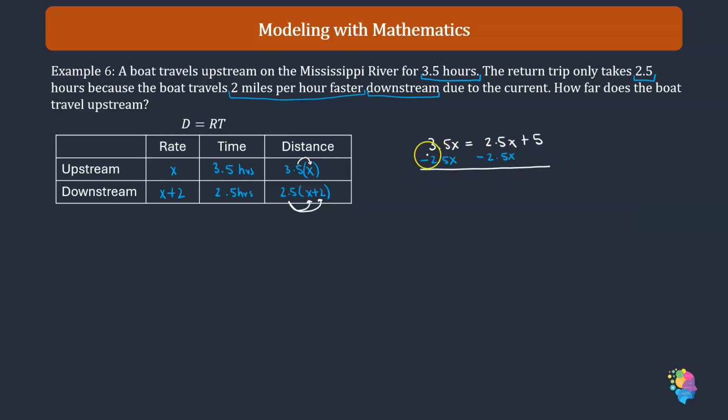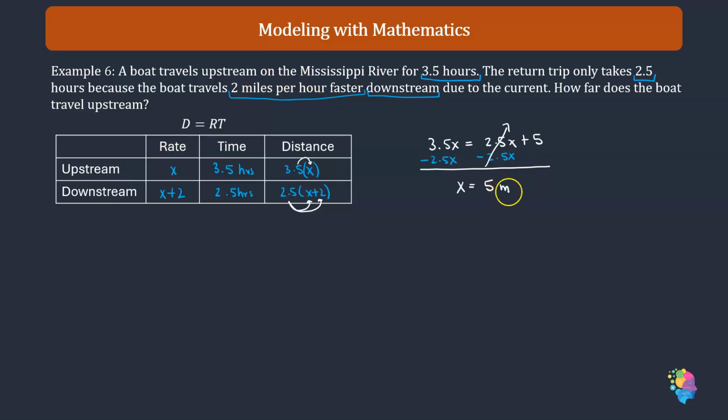I'm going to move the minus 2.5 to the left side. So 3.5x minus 2.5x, that's 1x, or just x. Oh, that worked out nicely. That's x is equal to 5. Now we need to be very careful here. We found x. Let's go back to the table. X represents the rate or how fast the boat is moving upstream. So this represents, let's see, miles per hour.